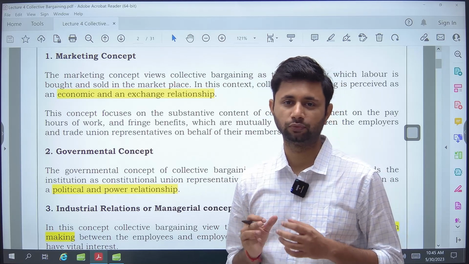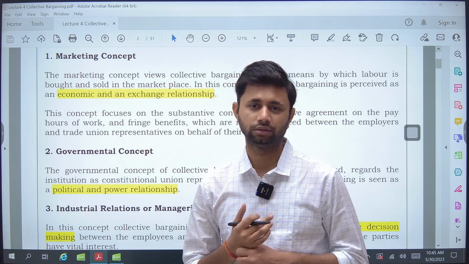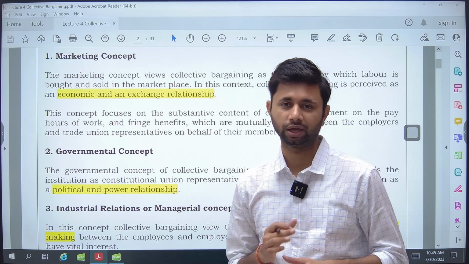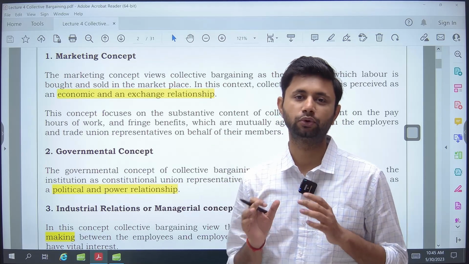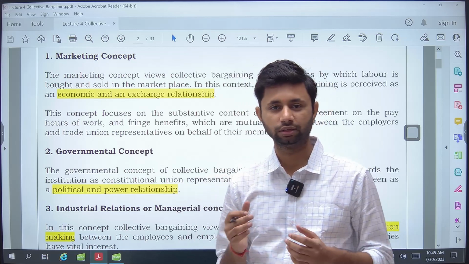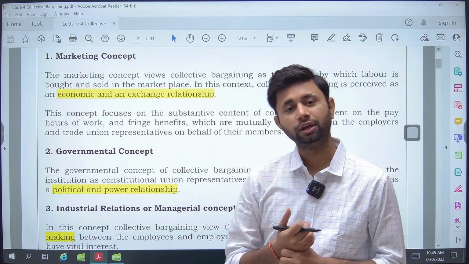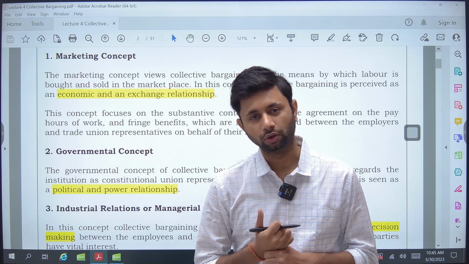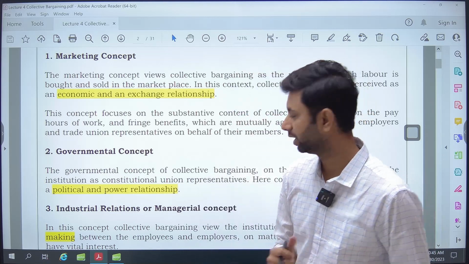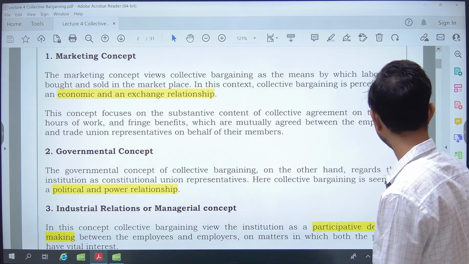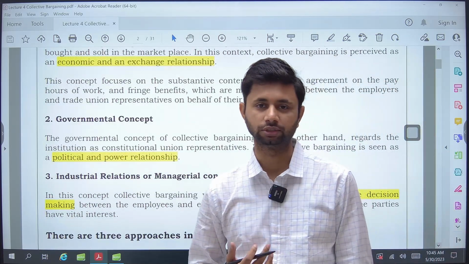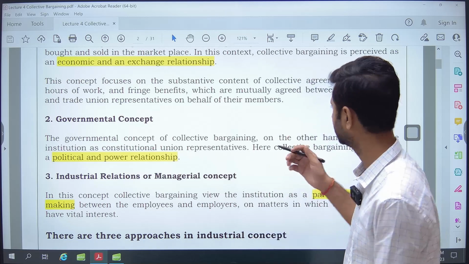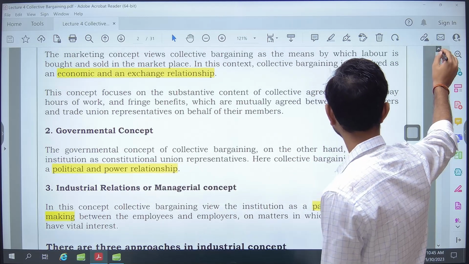If a person is focusing on the market portion or an economic angle, he'll call it a marketing concept. If a person is focusing on the power relationship and the constitutional nature, he calls it a government concept. And in the third portion, when it is about participatory decision making, then it is called an industrial relations concept. Similarly, we'll discuss each and every concept in detail.